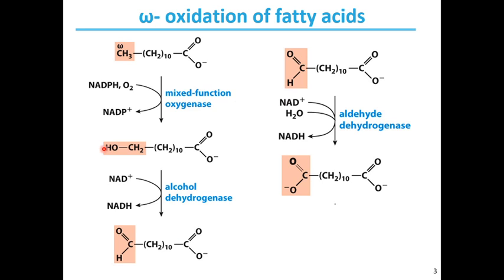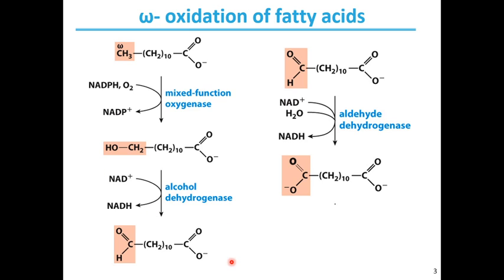The product of this first step is then acted upon by another enzyme, alcohol dehydrogenase, which converts this alcohol into an aldehyde functionality. This enzyme uses NAD+ as a cofactor and converts it to NADH.